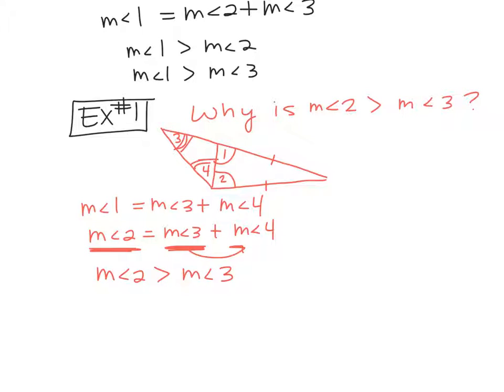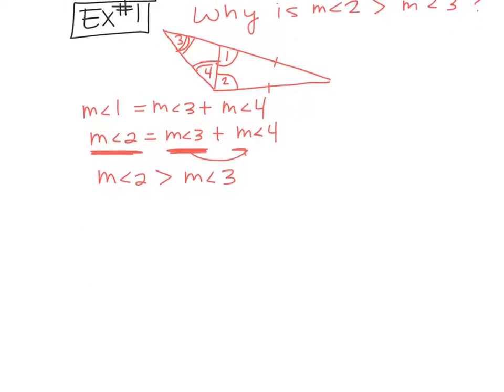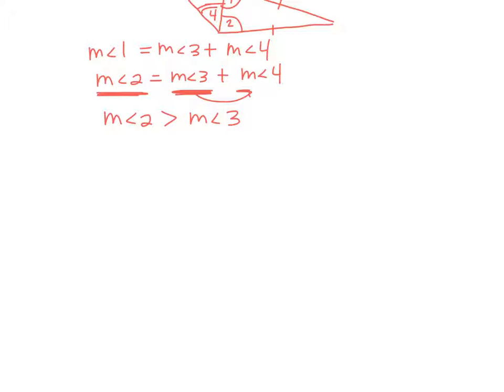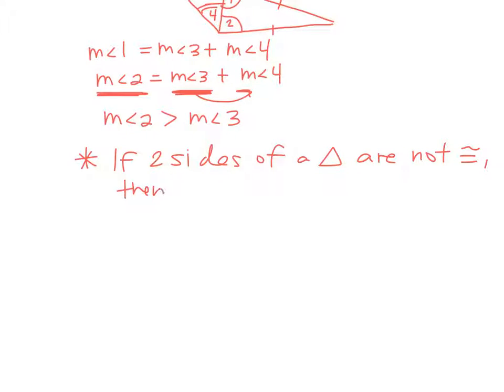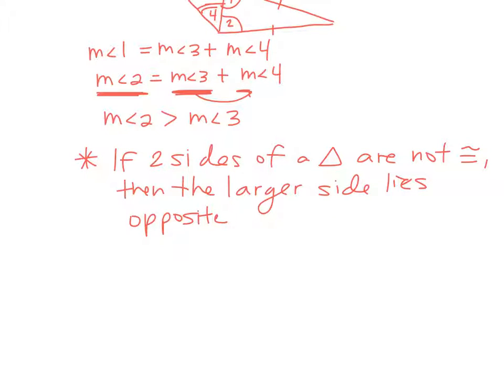Okay, so where we spend more of our time in this section is on a couple theorems. The first one is Theorem 5-10. You don't need to know it. But basically what it says is if two sides of a triangle are not congruent, then the larger side lies opposite... oh, I said that wrong.